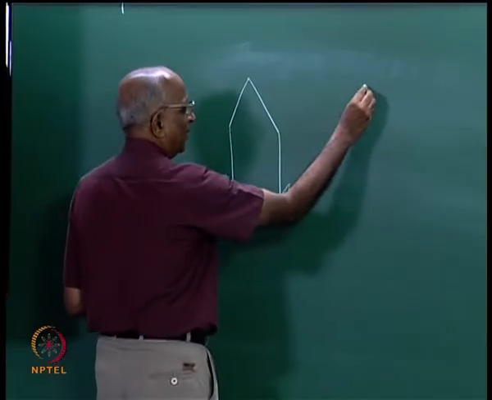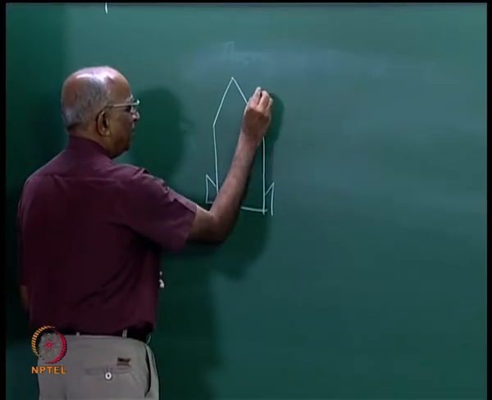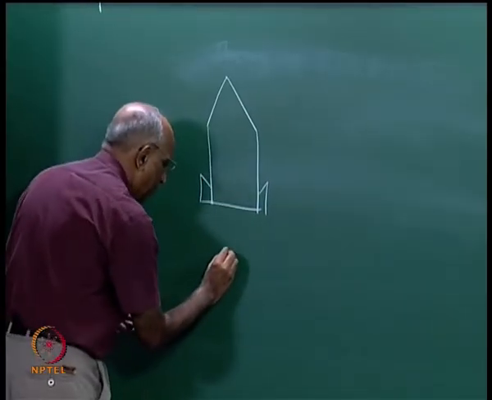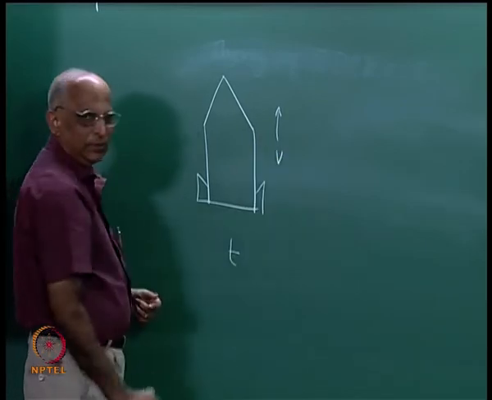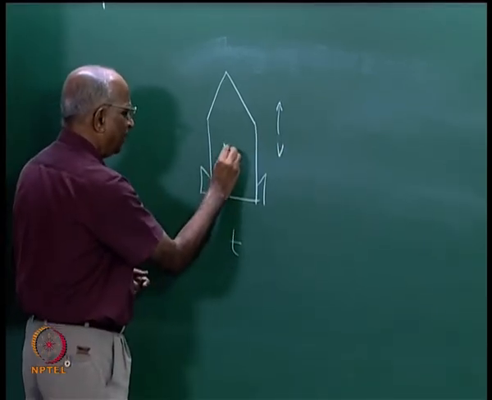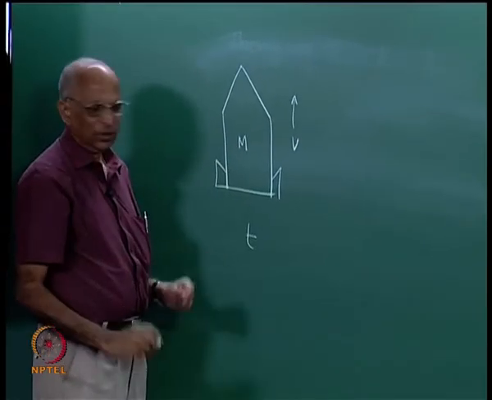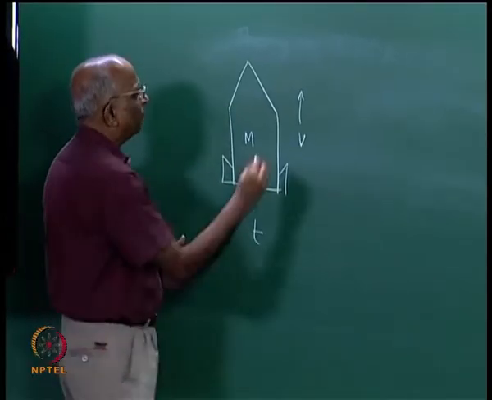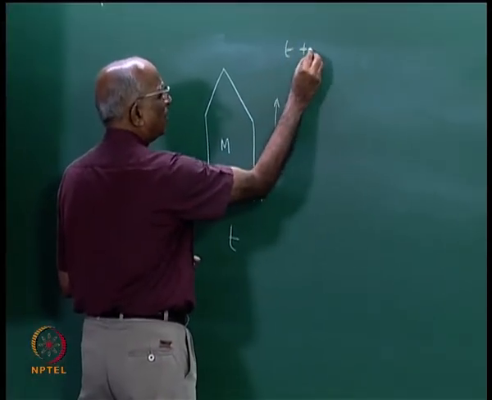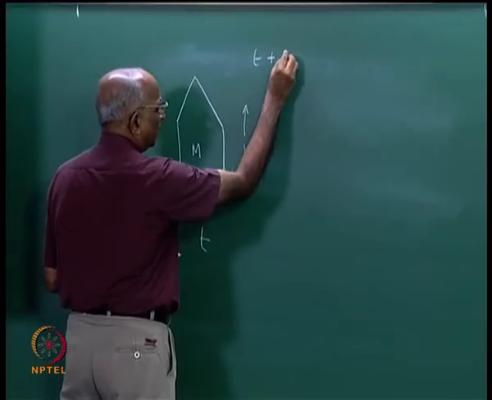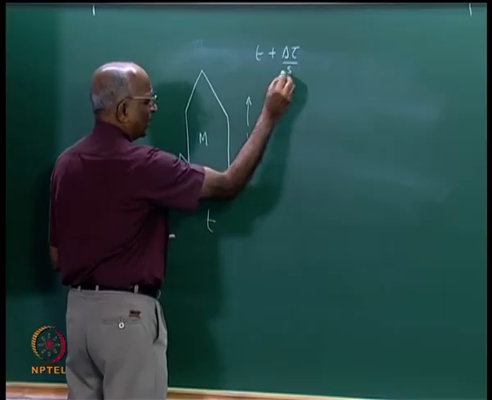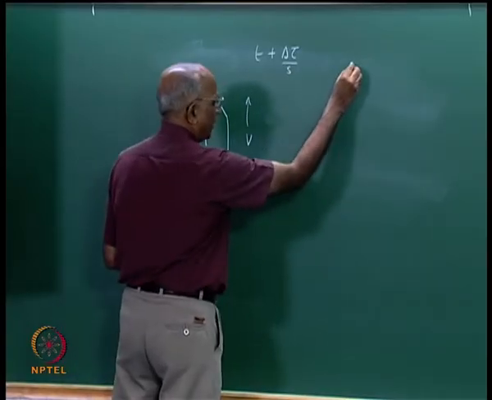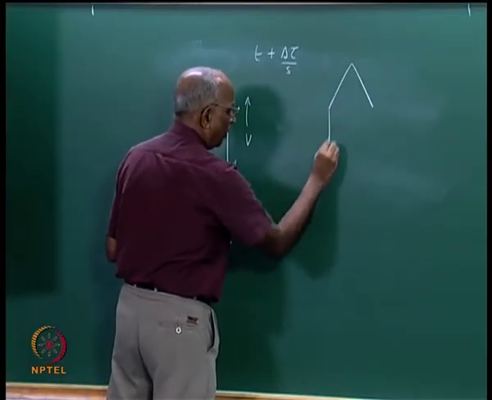of rockets. Let us say at time t, it is moving with a velocity, let us say v. Let its mass at time t be capital M. After a small time, t plus a small time, let us say delta tau, a small time period, delta tau seconds, it is again now, what does it do?